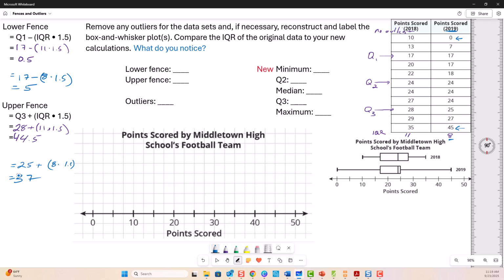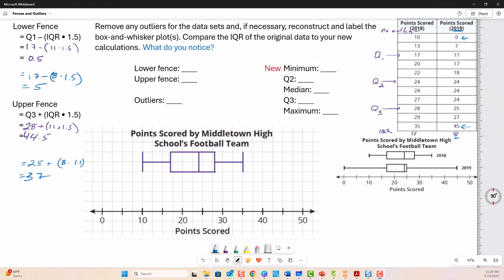So with that, I am going to recreate, just so that I can look at it, my 2019 graph. For 2019, my lower fence was 5 and my upper fence was 37. And I had two outliers.